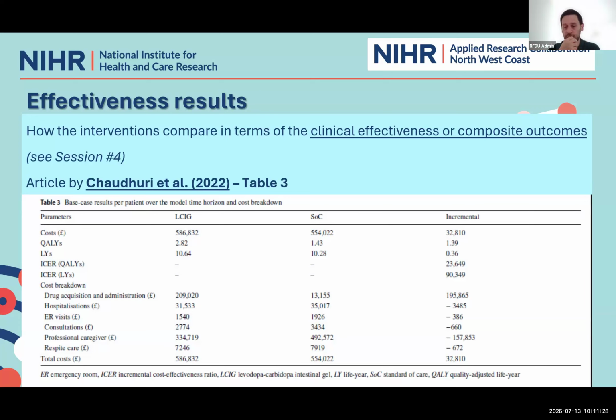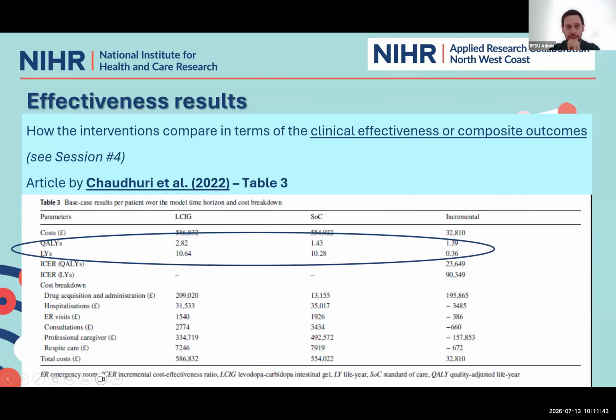It is the article on advanced Parkinson's disease, which we used for our first ever RaCEEs. You can see in this table, table 3, we have the base case results per patient over the model time horizon and the cost breakdown. In particular, I would like to concentrate on the QALYs and the life years results. These are the results on the effectiveness side.